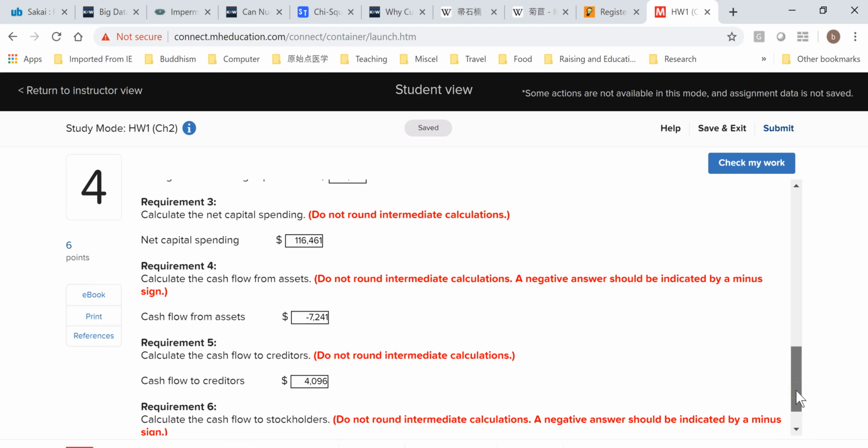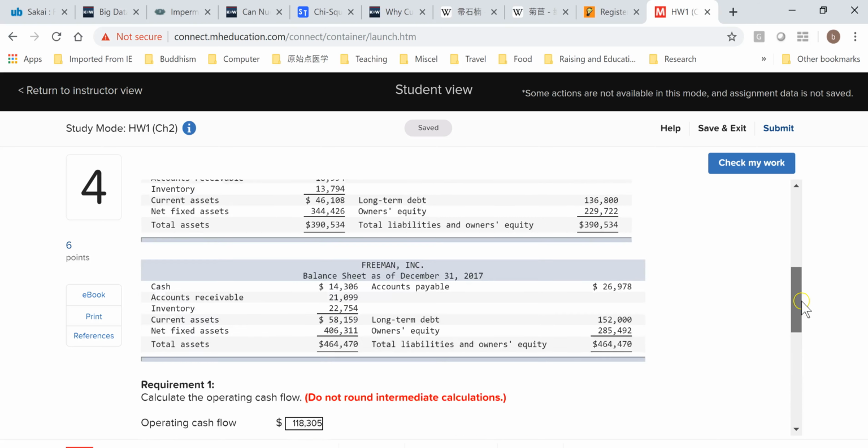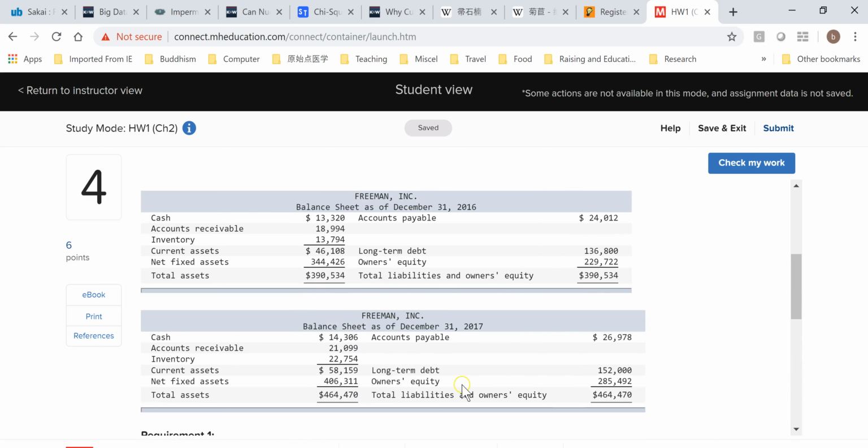When the firm is repurchasing some of its existing stock, it's the other way around. So the net issuance of new stock should enter negatively in the formula. But the problem in this question is that this way doesn't work, because to calculate the net issuance of stock this way, we need the more detailed items within the owner's equity.